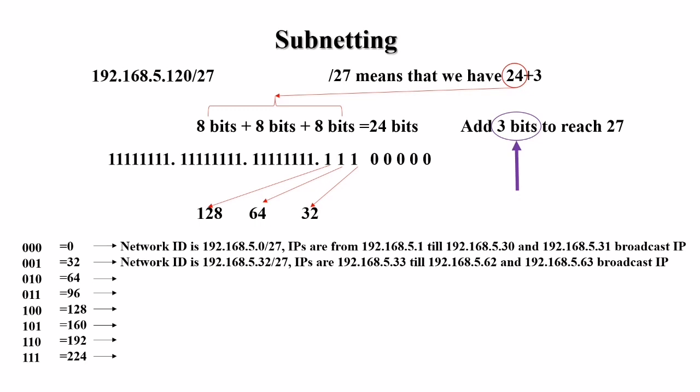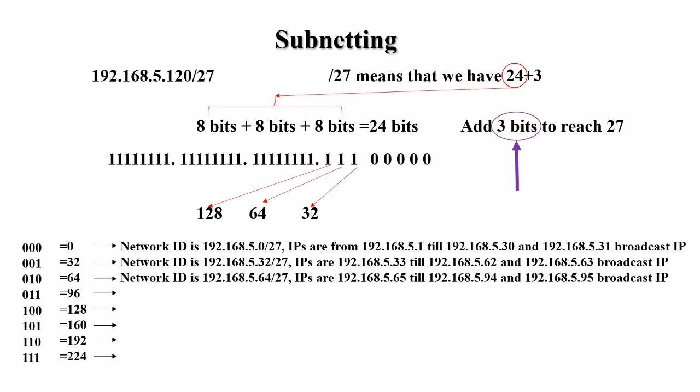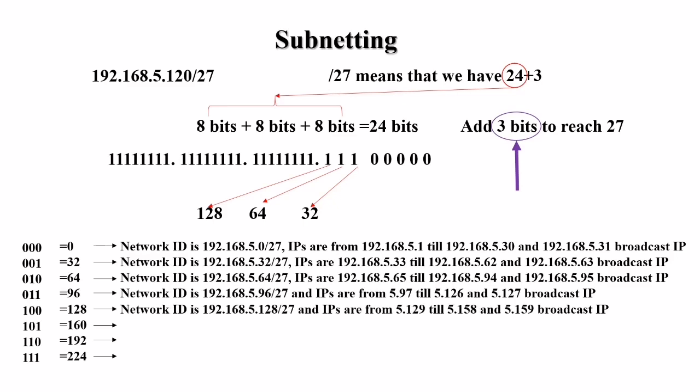We will continue to make the rest of the network parts of this subnet mask. As you may see, we start from the network ID, which is the number of the subnet of the mask that we get. For example, 160.